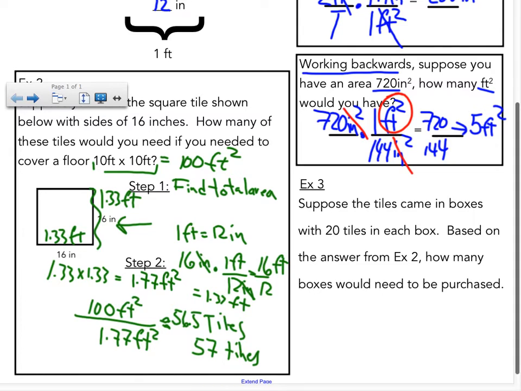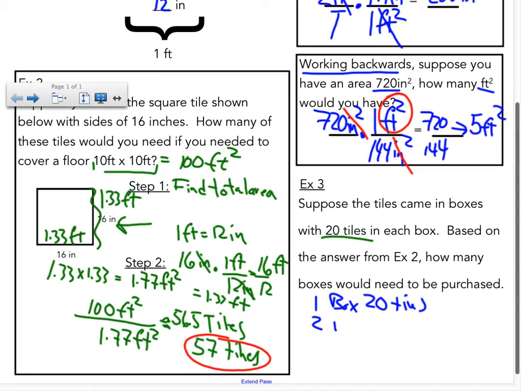Okay, suppose the tiles come in boxes of 20 tiles in a box. Based on the answer from 2, how many boxes would need to be purchased? Well, remember from the prior answer, we needed 57 tiles, so let's think about how many boxes that is. So if we had 1 box, we'd have 20 tiles.